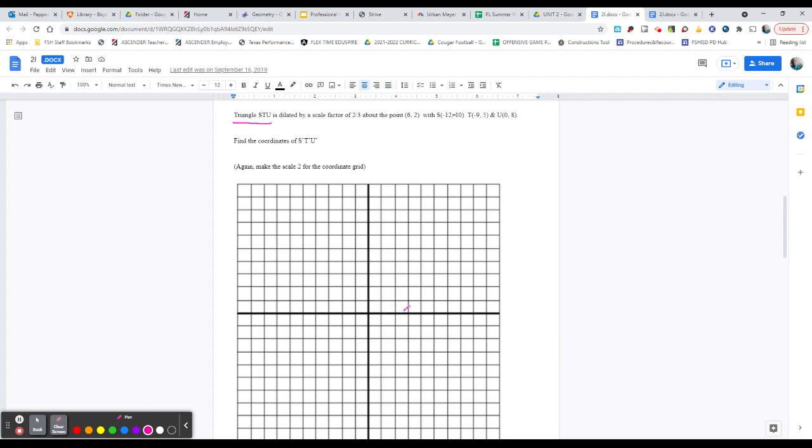So if we're at the point (6, 2), there's our center of dilation right here. And now we're going to have the triangle. It's going to be at (-12, -10), so 1, 2, 3, 4, 5, 6, and 1, 2. There's our first point, (-12, -10).